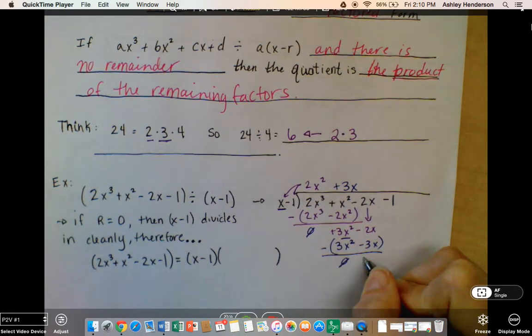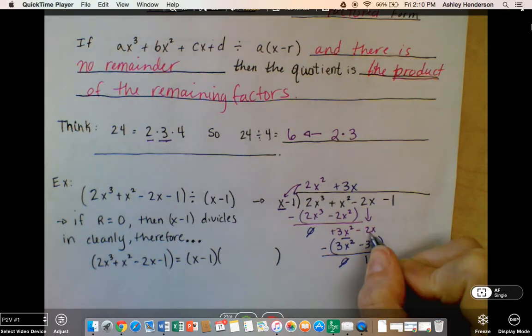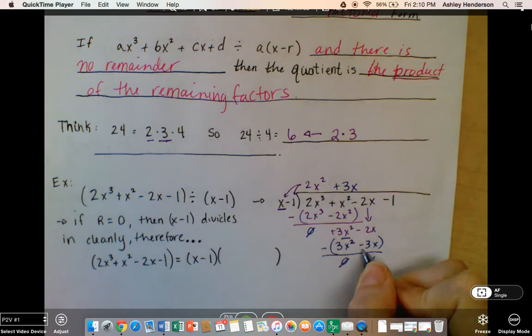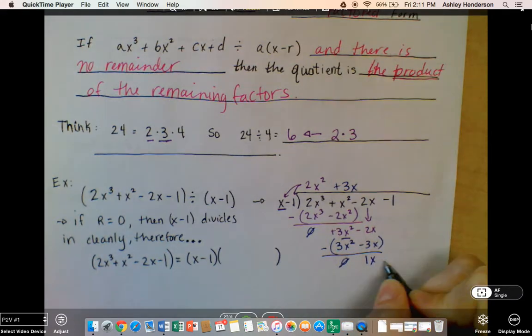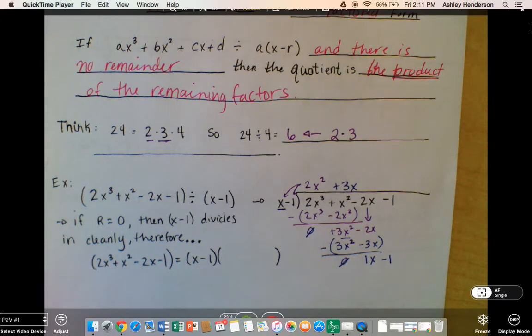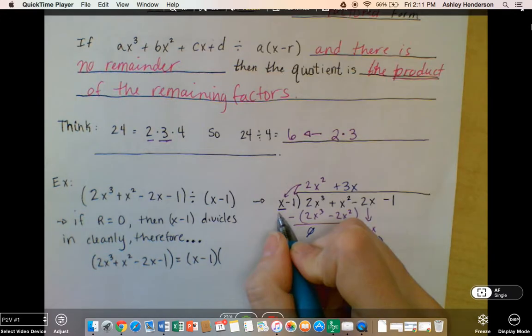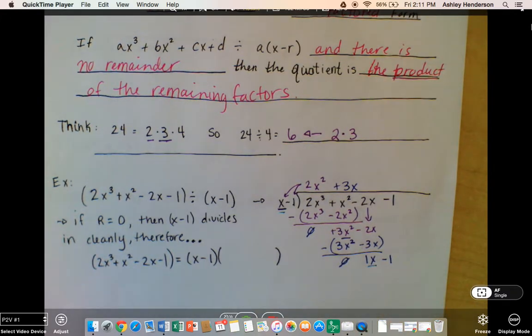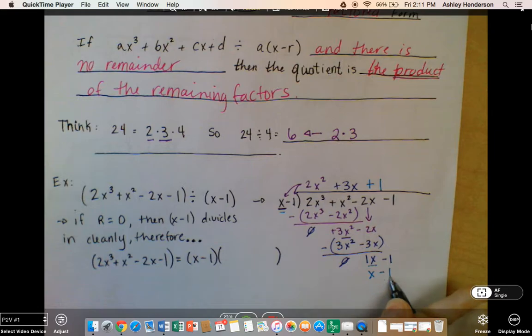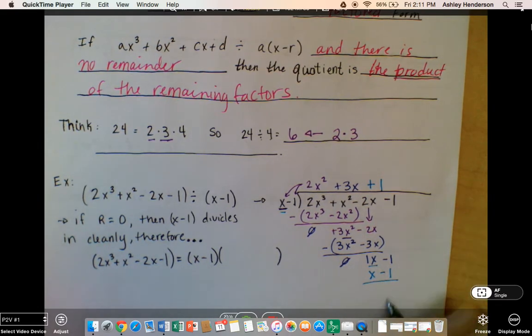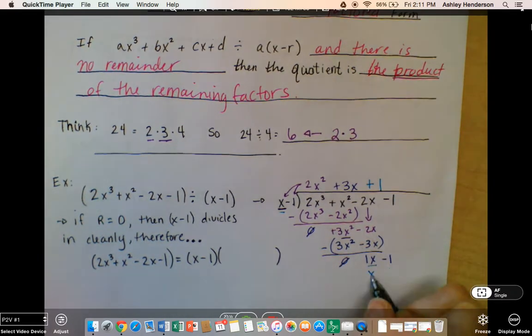And this is going to give me positive 1x, because negative 2 minus negative 3 becomes a plus, making 1. Drop this negative 1 right here. Now how many times does x go into 1x? It goes in 1 time, and I'm going to multiply through. It's going to give me x minus 1. And that gives me 0.